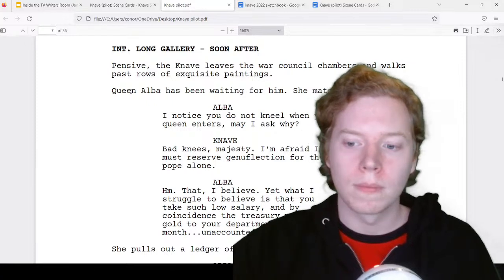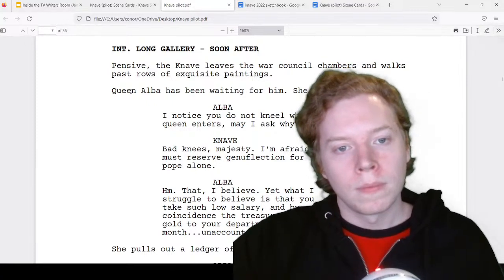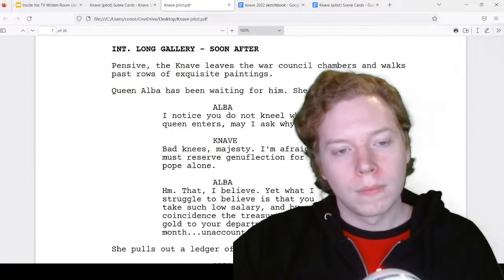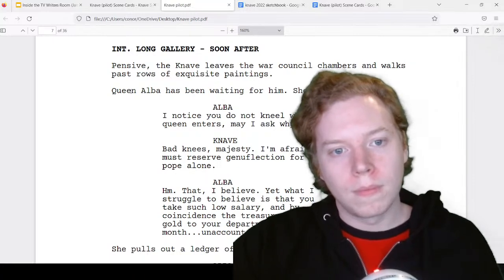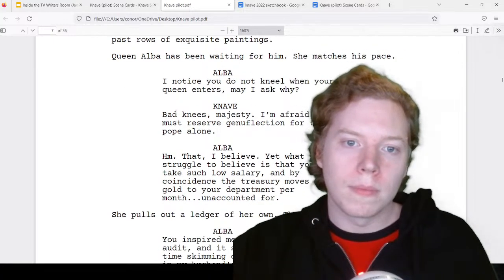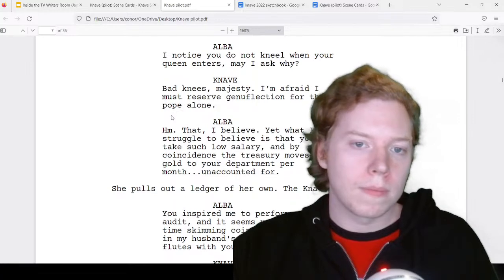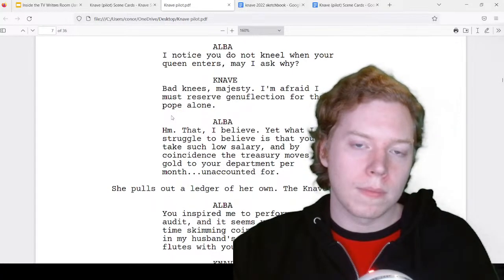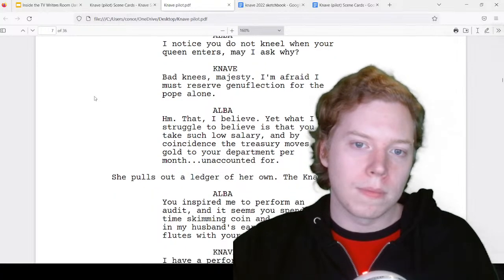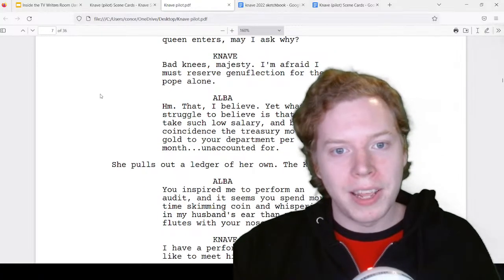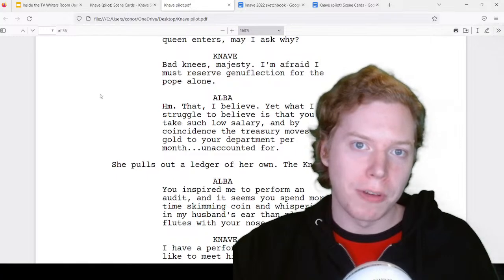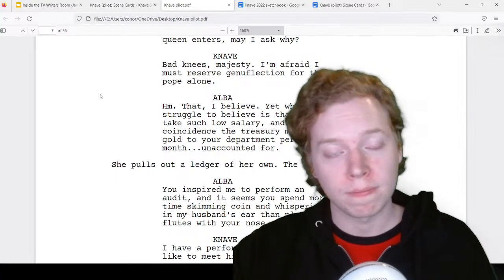Interior long gallery, soon after. Pensive, the knave leaves the war council chambers and walks past rows of exquisite paintings. Queen Alba has been waiting for him. She matches his pace. I notice you do not kneel when your queen enters. May I ask why? Bad knees, Majesty. I'm afraid I must reserve genuflection for the Pope alone.